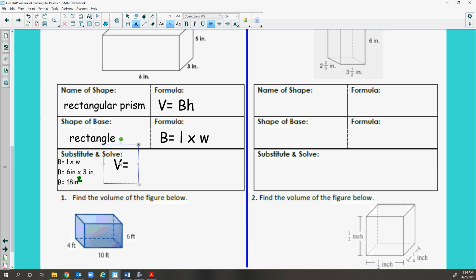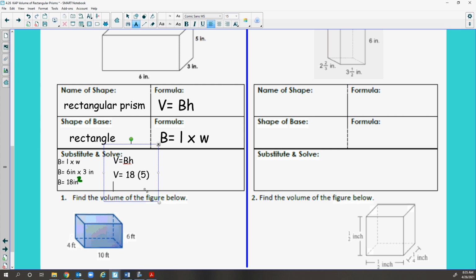Volume equals area of the base times height. So volume equals, the base is, we said, 18 inches squared. I'll just leave 18 for now, times the height of 5 inches.